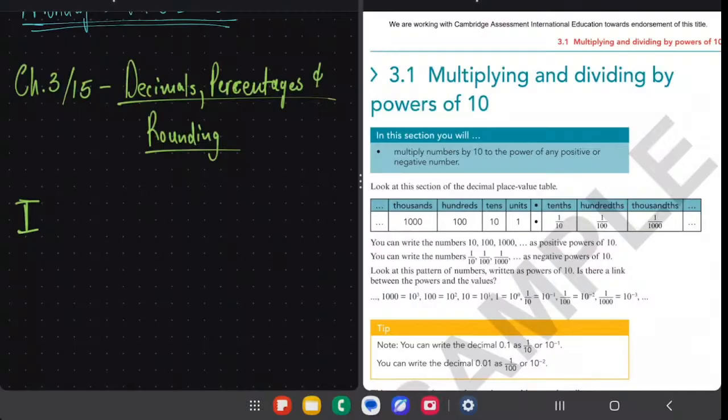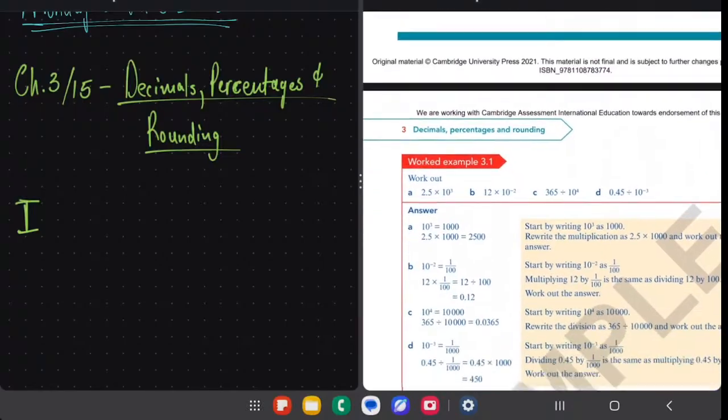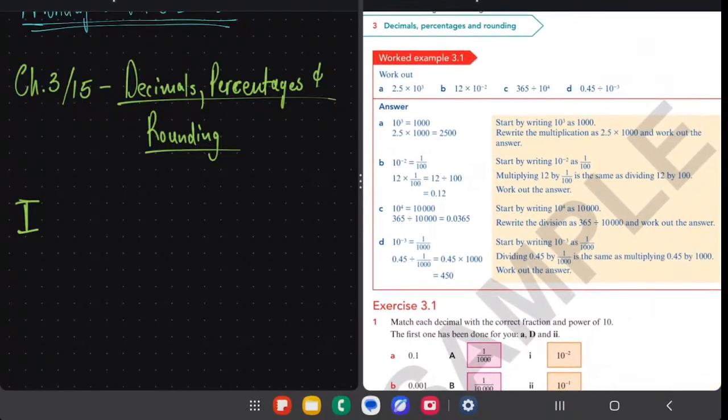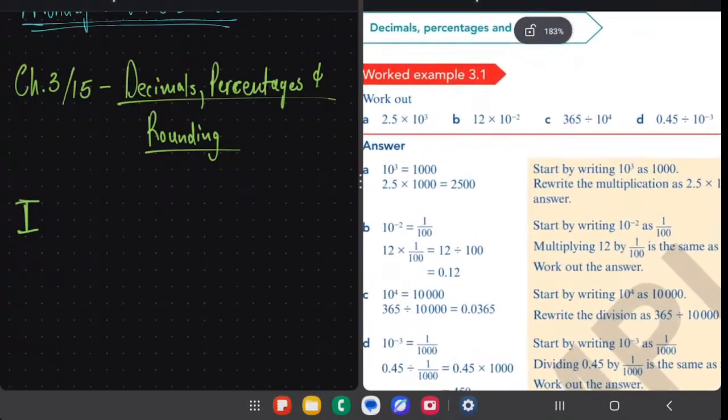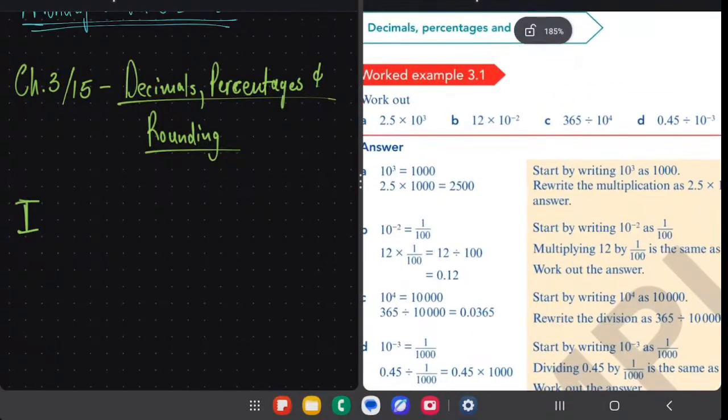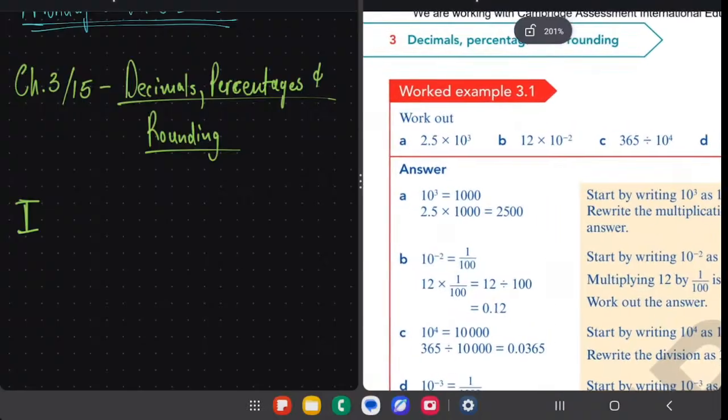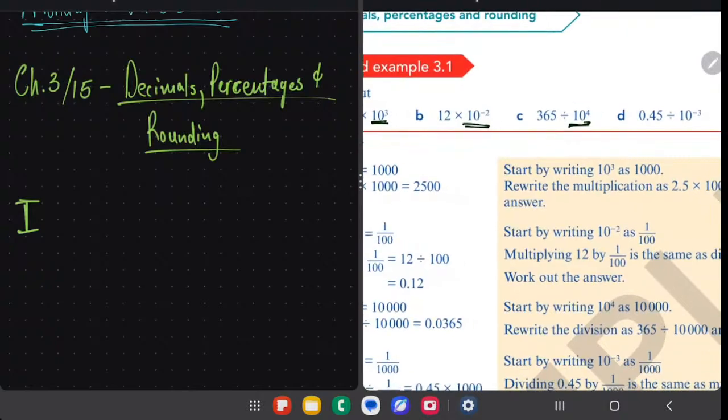The first thing that you are supposed to do is you're supposed to know how to multiply and divide by this, what we call standard form, or by a number with a power. How do you work with this? So let me explain to everybody what we mean when we say we have standard form.